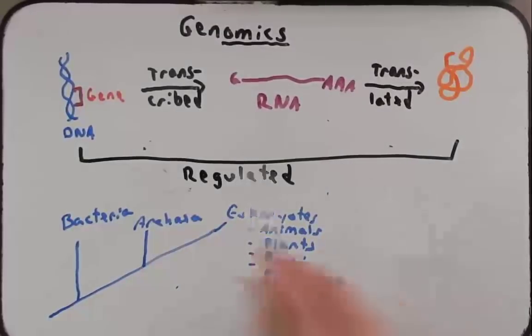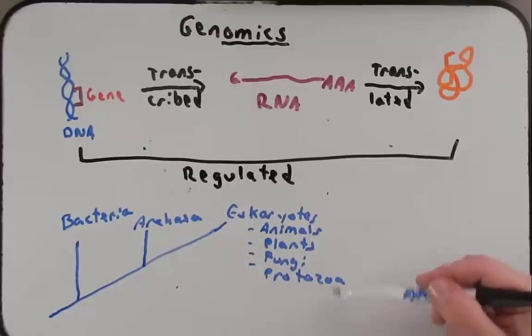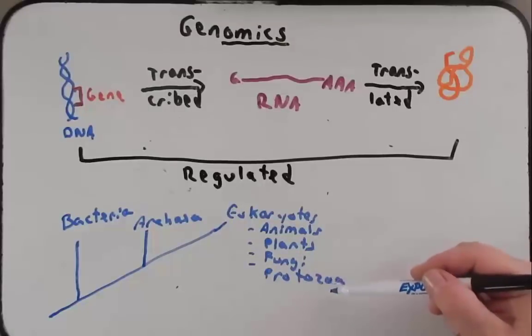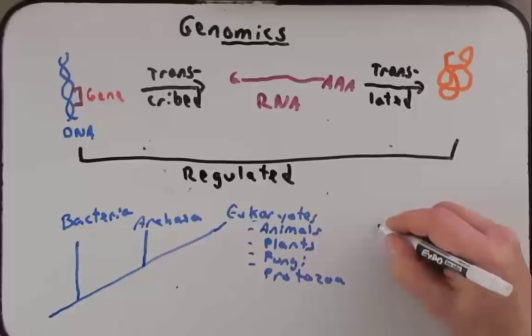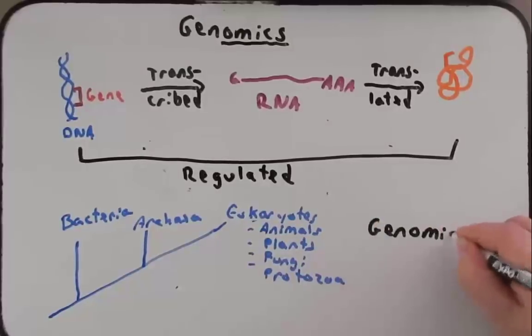How can we take this knowledge of genetics and help us understand the evolutionary relationship between these different kingdoms, between the species within these kingdoms, between these different domains? We want to understand how organisms in eukaryotes compare at an evolutionary level with archaea and bacteria. And as you might have guessed, to answer these questions, we need to understand genomics.